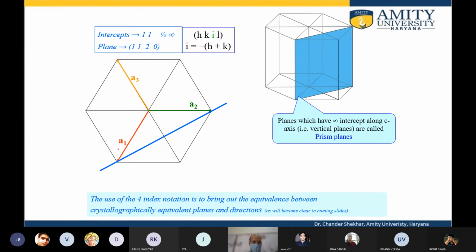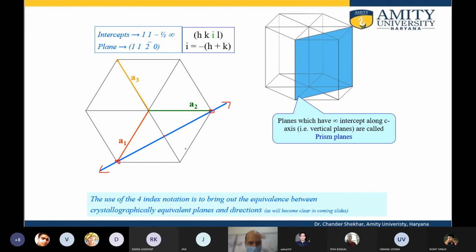Suppose now we have a plane right here. Suppose this is the plane intersecting the basal plane at unit length for A1, unit length for A2, and it doesn't intersect A3 along the positive direction, but along the negative.